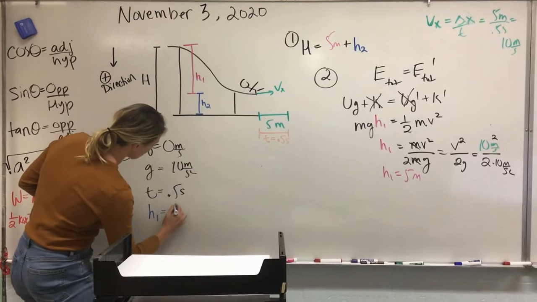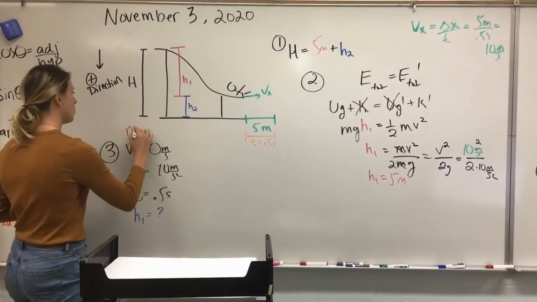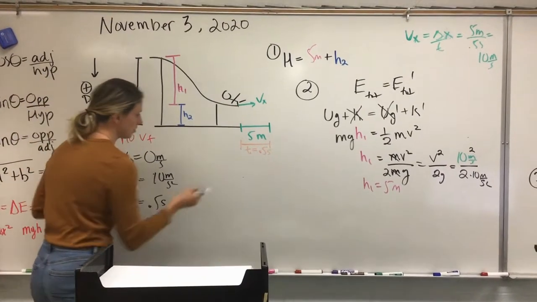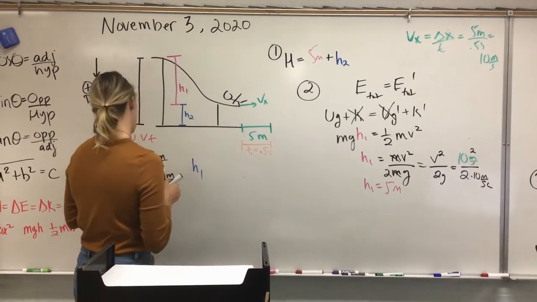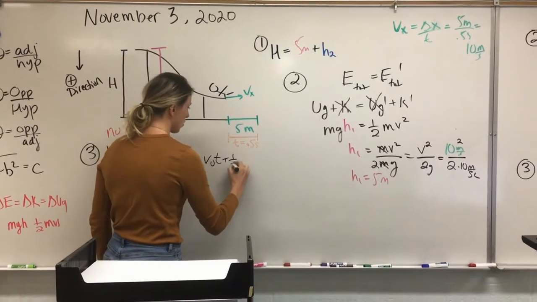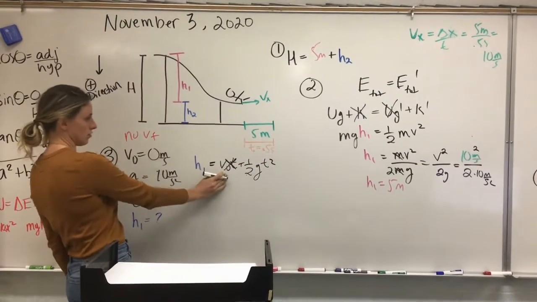Okay, what equation will I use? I have no v final, which makes it easy. I'm going to use that. My initial velocity is 0, so that goes away.